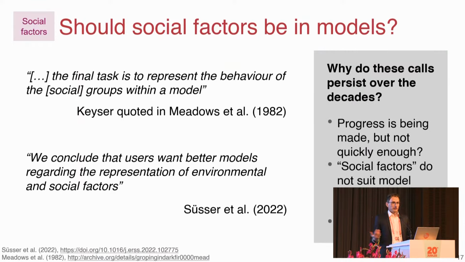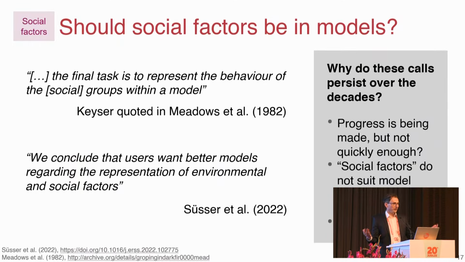And we can ask ourselves, why have these calls persisted over these decades? Is it that no progress has been made, or progress has been made but only slowly, not quickly enough? Or is it maybe that integrating these social factors into models such as mathematical optimization models is just a difficult task, or that that paradigm doesn't really suit the integration of social factors?